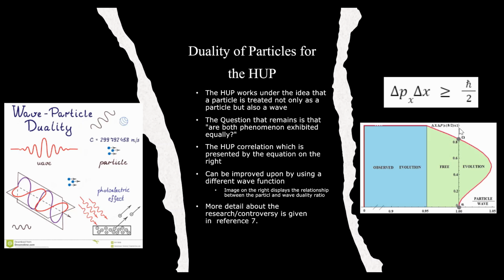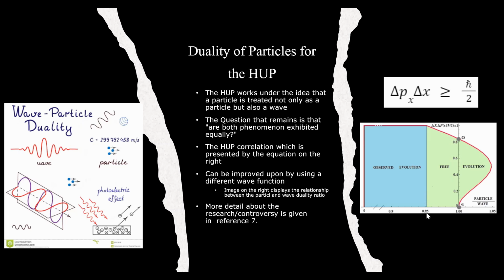Now, the question remains: are both phenomena exhibited equally in this equation? To answer that, I've studied a research paper that indicates that there's an observed evolution and a free evolution, where the observed evolution relates the original equation obtained from the Heisenberg uncertainty principle to an equation obtained using different wave functions. So in the graph on the far right with the blue and the green, we have a graph establishing the particle to wave phenomenon.